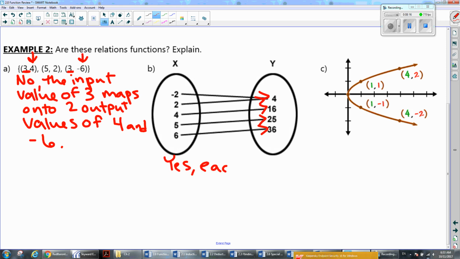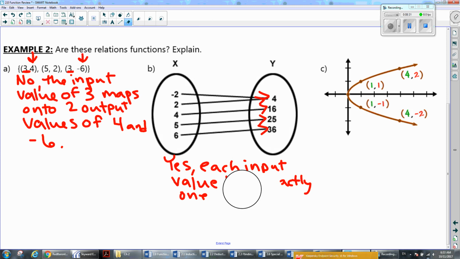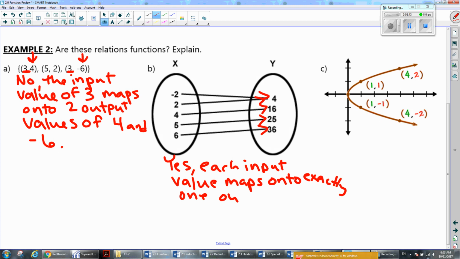So you can say each input value maps onto exactly one output value.